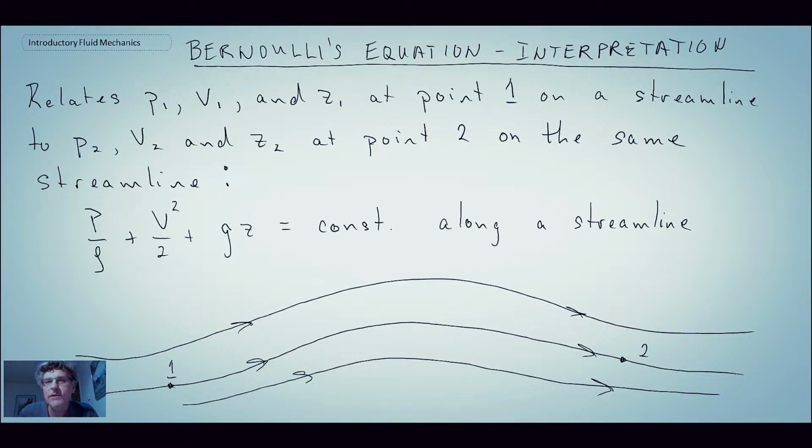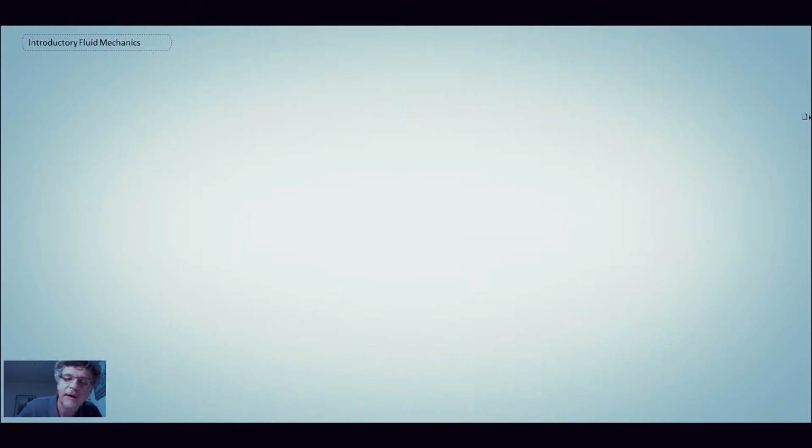Now, there's a more general form of Bernoulli's equation that enables us a little bit more flexibility, and that applies if we have a condition where the flow is what we call irrotational.